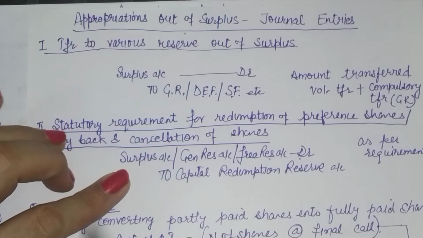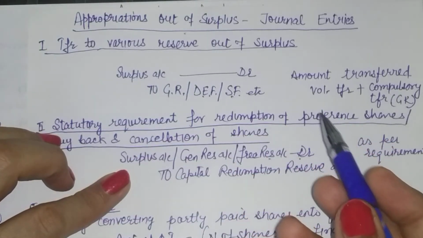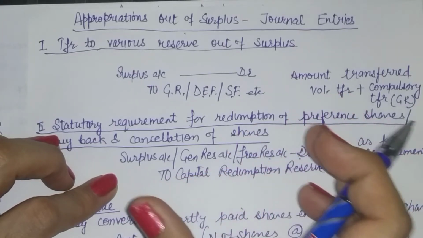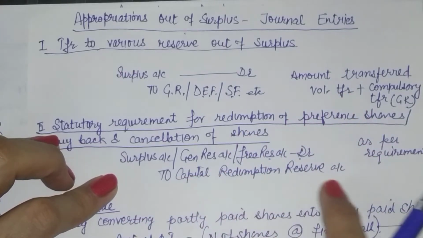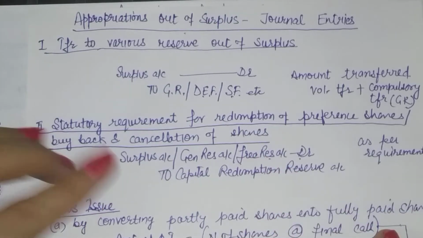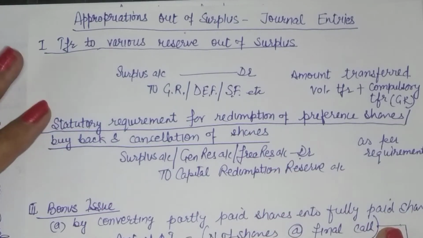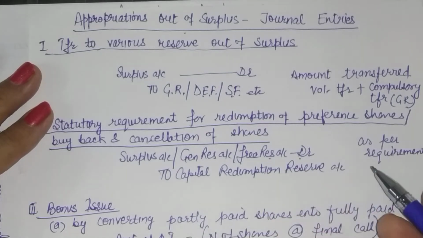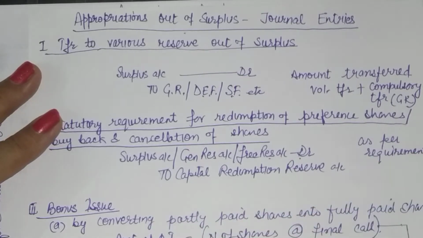So for this purpose, if we have redeemed our preference shares or we have bought back our shares and cancelled our shares, then an equivalent amount is to be transferred to capital redemption reserve out of our surplus or free reserves. So your surplus or free reserve for the same will be reduced and capital redemption reserve will be created. That is, your CRR will increase by the same amount. So this will be shown in the notes as well.